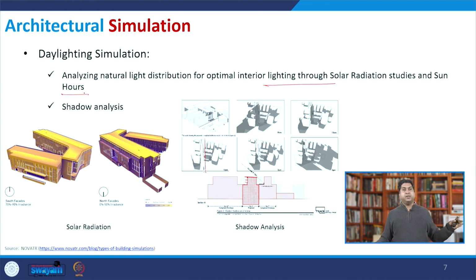It also helps in shadow analysis, because not only the areas which get exposure to sunlight, but the areas which are under shade can also be used effectively, for a sitting place or maybe for certain vegetation. So this kind of simulation can help you out with that.